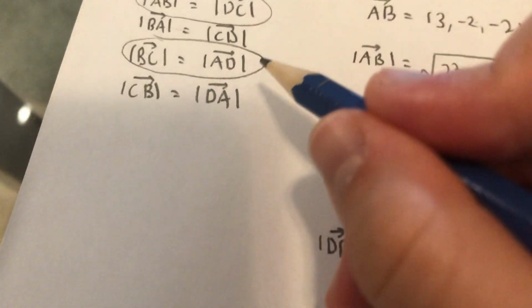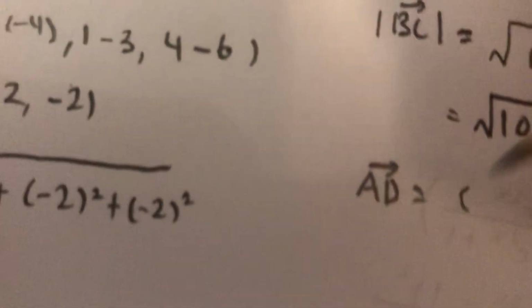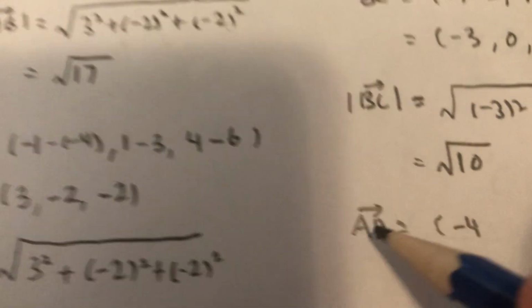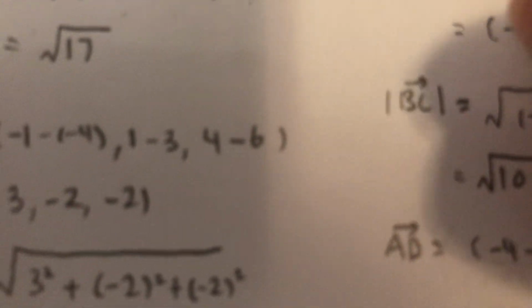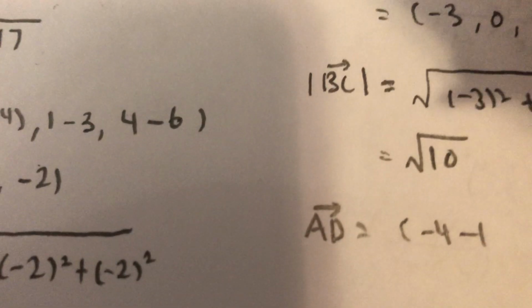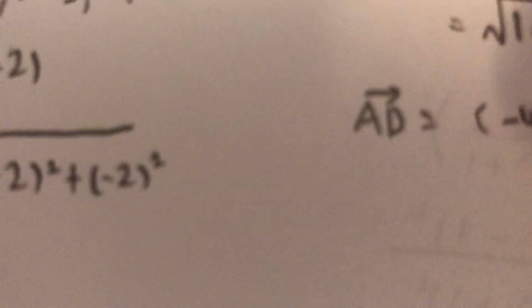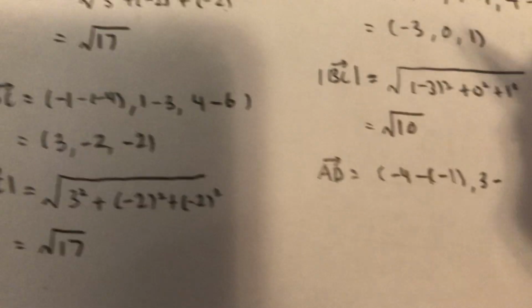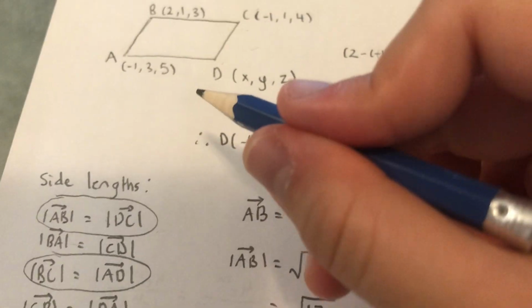So let's confirm that. So now we need to find the vector AD. So vector AD, let's repeat the same steps we did earlier. X value of D, we know is -4, subtract the x value of A, which is -1. And then we need the y value of D, which is 3, subtract the y value of A, which we know is also 3.